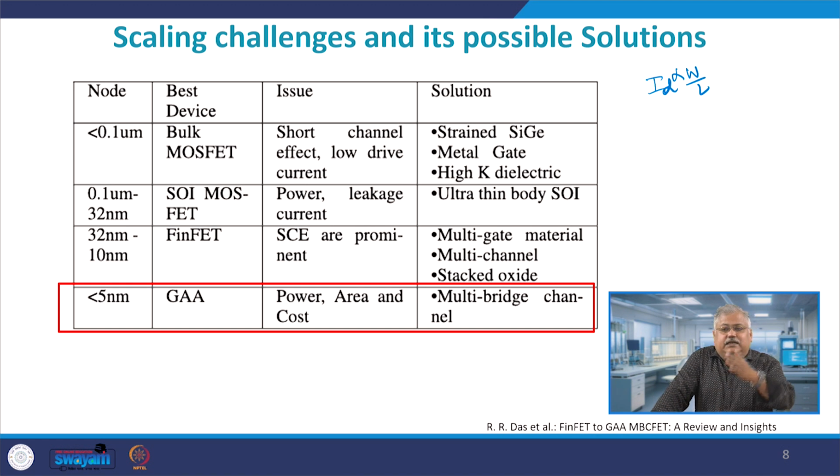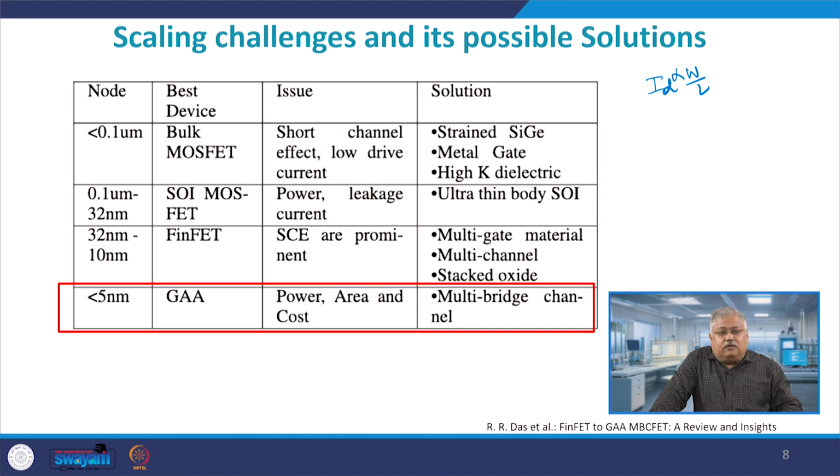So all the sides of the gate are surrounded by the same material. You can also have multi-channel. Multi-channel means rather than having a single channel between source and drain, can we have multiple channels, because to offset the lower current, can I have a larger number of channels available to us.